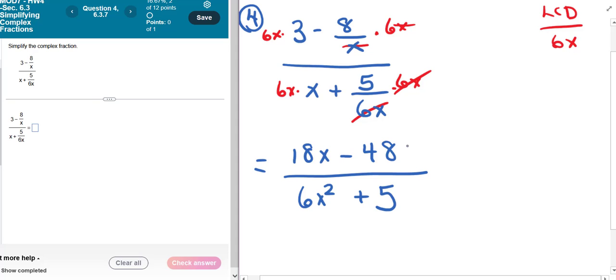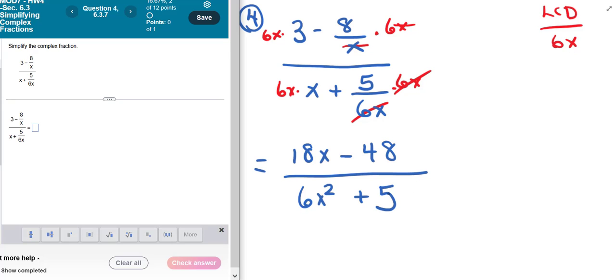You could factor a little bit here, but it's not going to end up matching this whole thing. So there's nothing to do, even though we could factor out some. We could factor out a 6, but we can't factor the 6 out on this one. So they're not going to match. So just leave it as is.